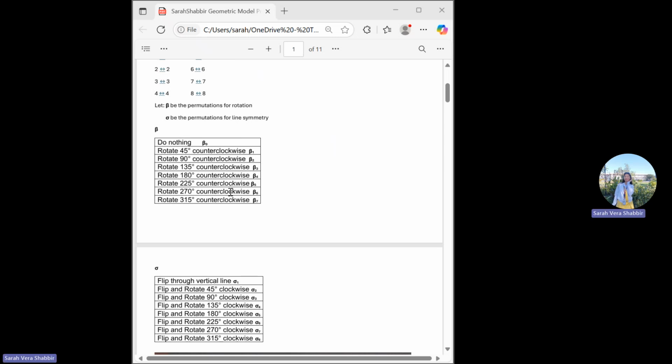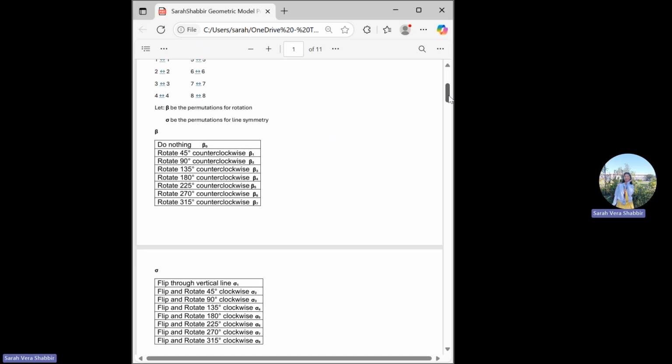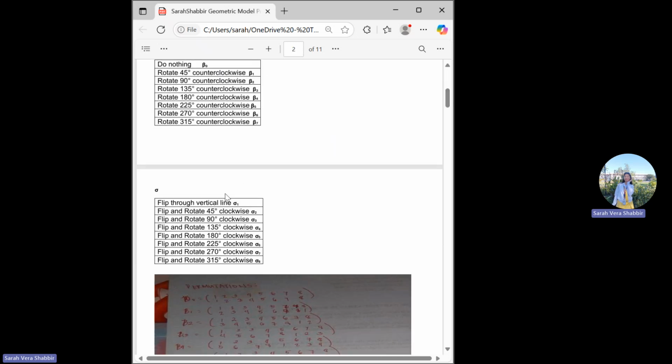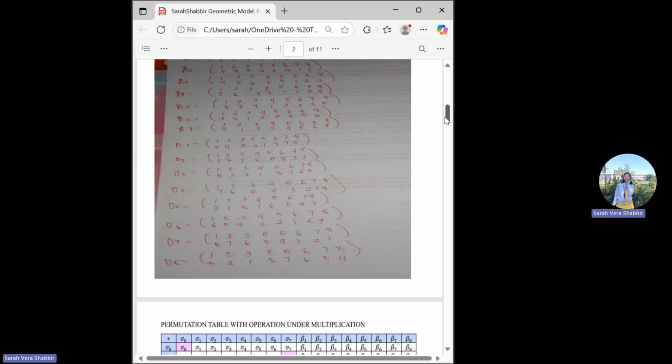Now, here are the reflection permutations. The first one, sigma sub 1, is flip through the vertical line, and then sigma sub 2 is flip, then rotate 45-degree clockwise, and so on and so forth. So we have here the permutation for each element.